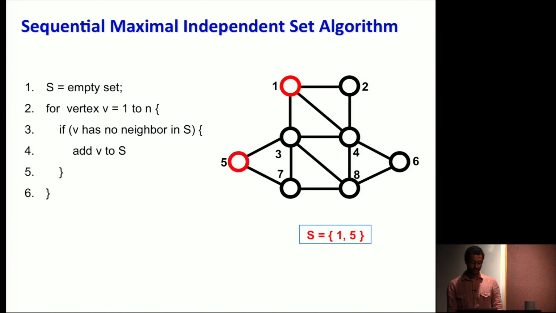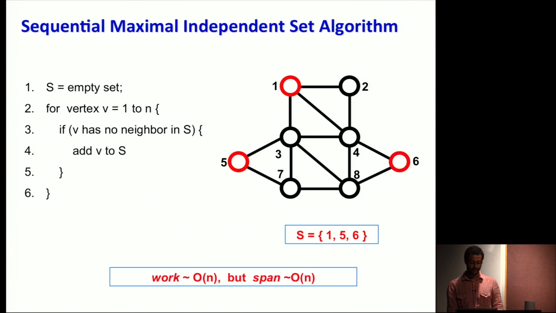So you add 5, you add 6. At that point, all the vertices that are remaining have somebody adjacent to them that's in the independent set. You can't increase it. Super easy, but it's not really parallelizable. It has a span of O(n), so you need to go sequentially.